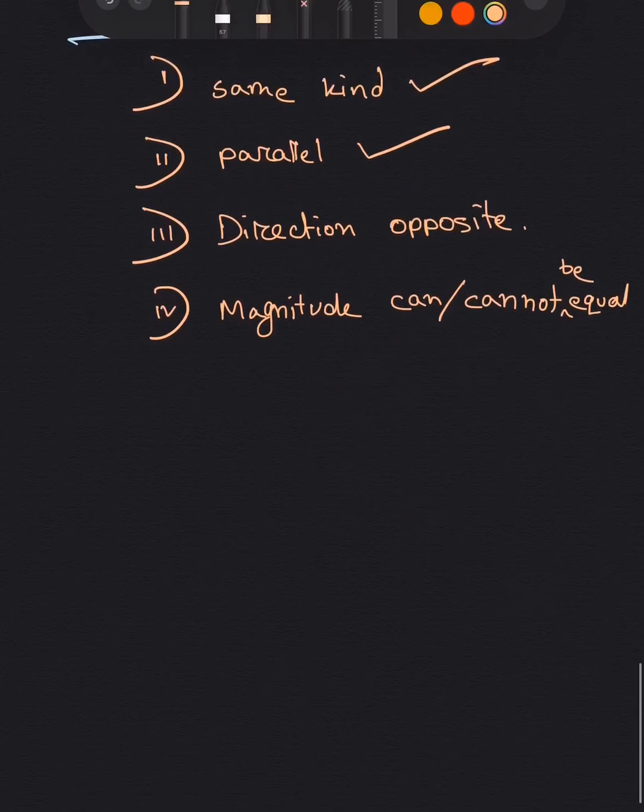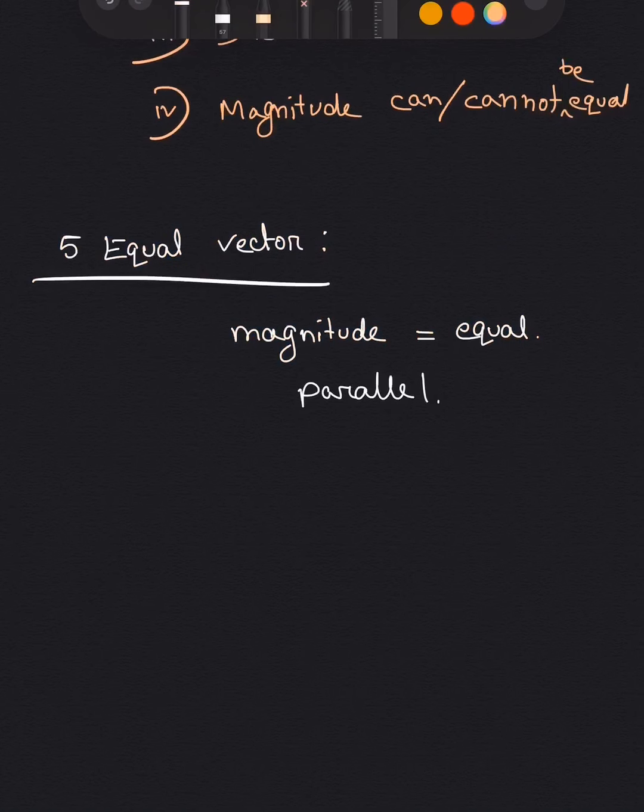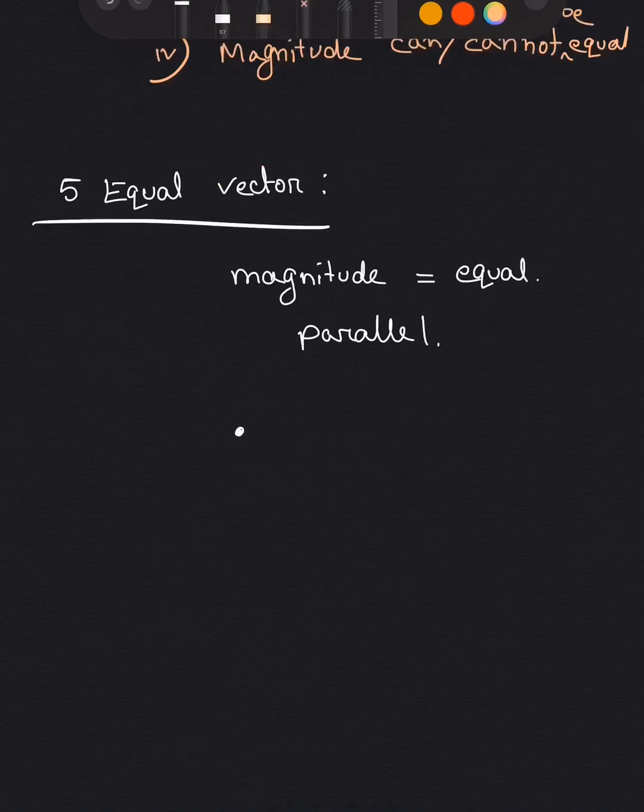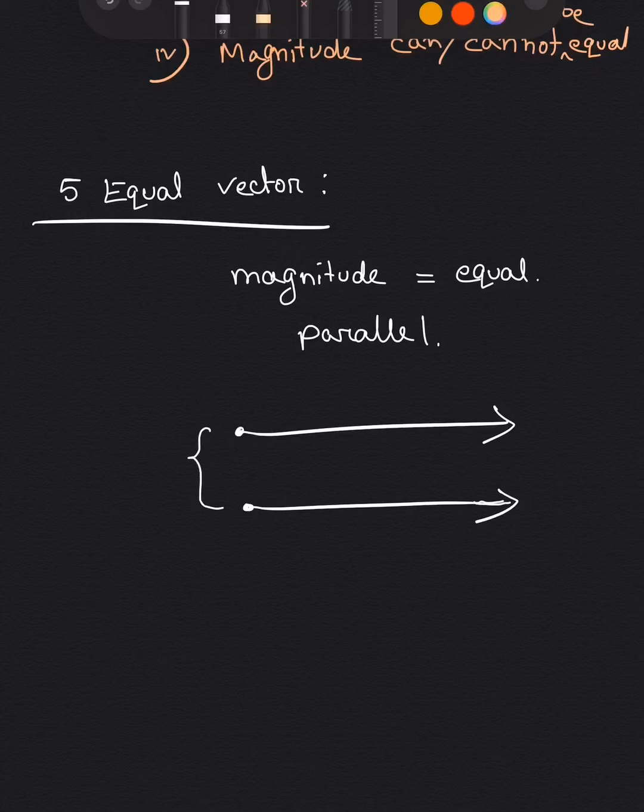So coming to our fifth type of vector, which is equal vector, we get it when the magnitudes of two vectors are equal and they are of the same kind, and if they act in the same direction, that is, parallel to each other, then they are called equal vectors. Suppose you're traveling from your home to a shopping center, and your sister is also traveling to the shopping center from your home. Let's see here, both of your displacements are the same.